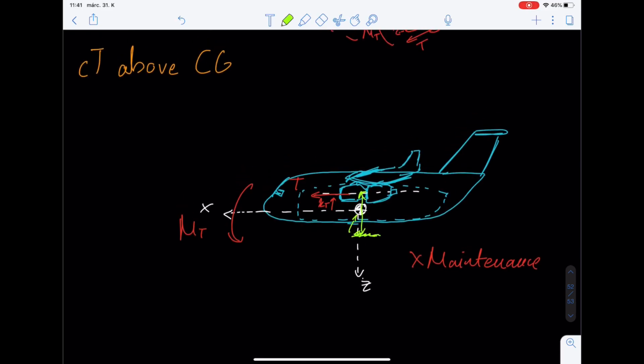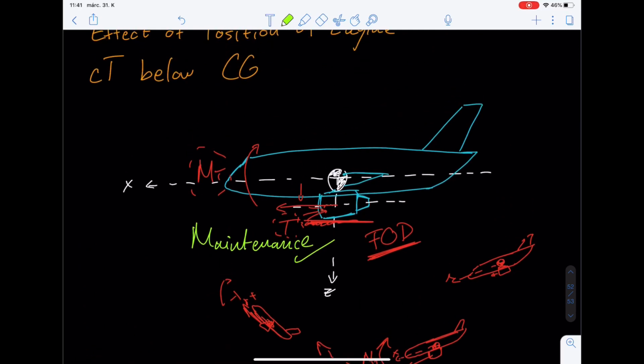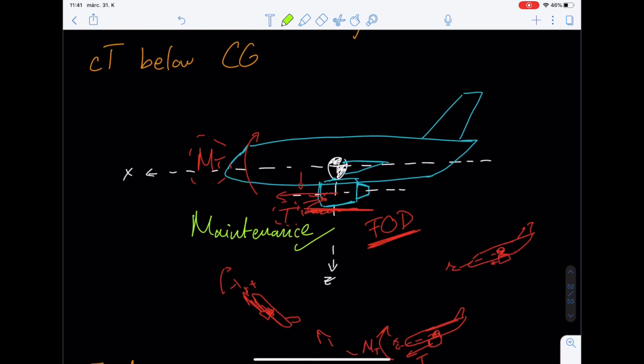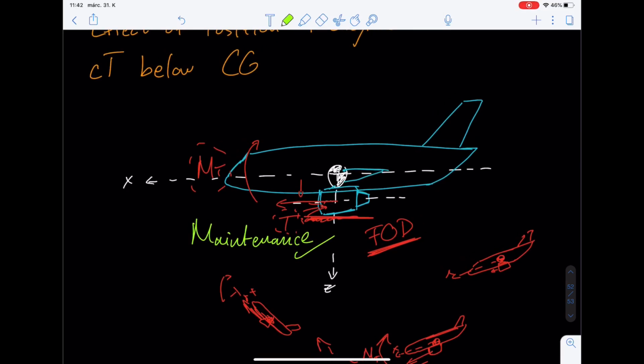So this is the reason why, despite its negative effects, they still use this construction, for example, in military transport airplanes. But generally speaking, in modern commercial transport airplanes, because of their accumulated positive effect, they use the center of thrust below the CG. So usually they put the engine below the center of gravity.